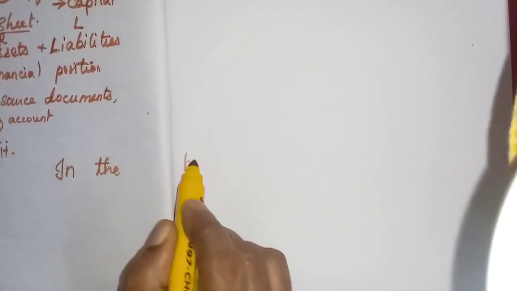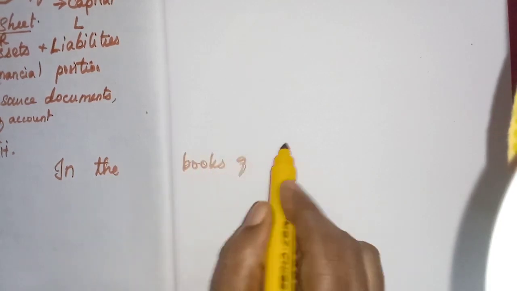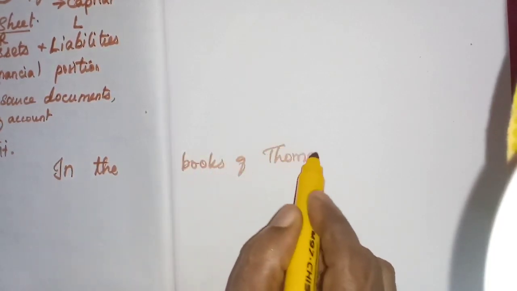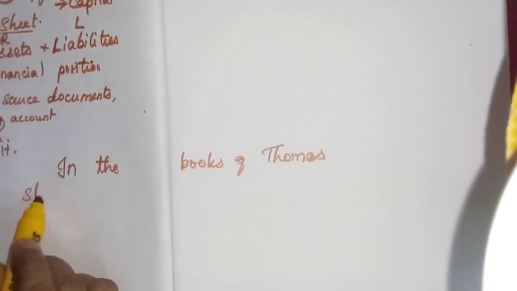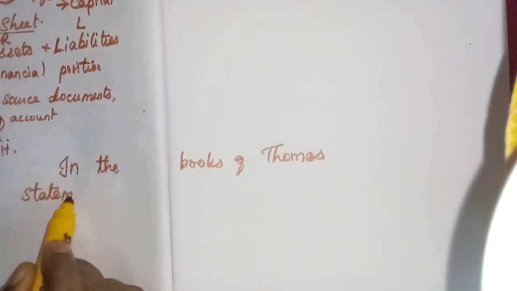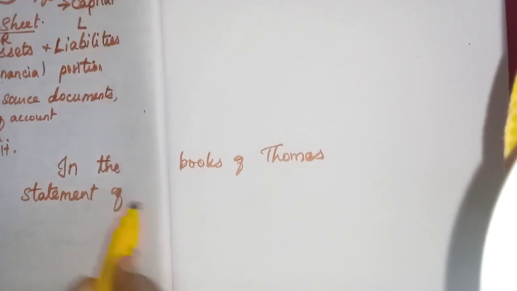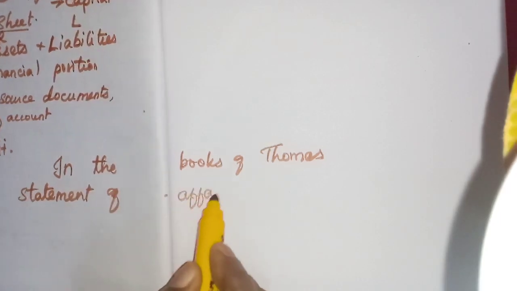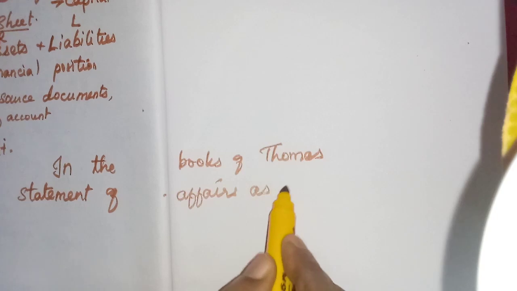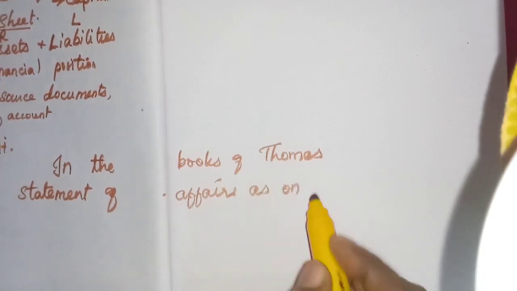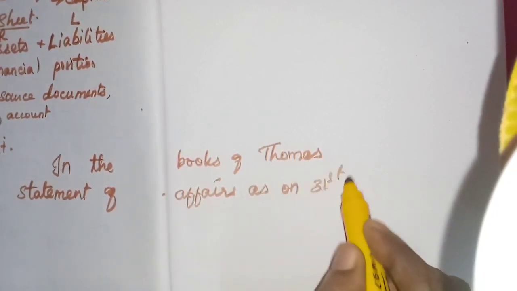Statement of affairs. First, in the books of Thomas, that we have to write first. In the books of Thomas, statement of affairs as on date 31st March 2019.